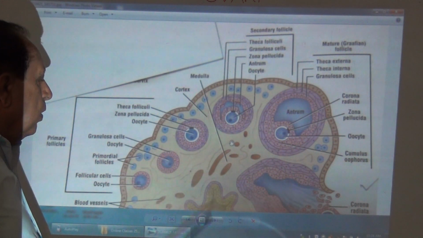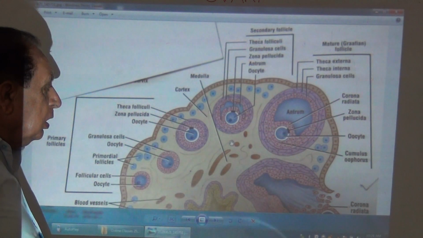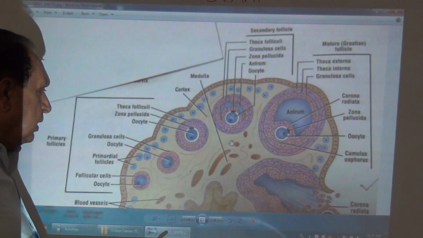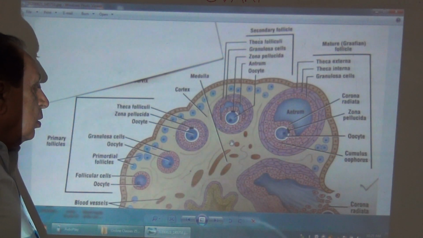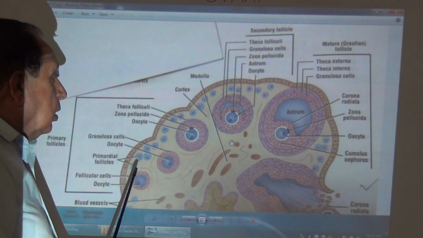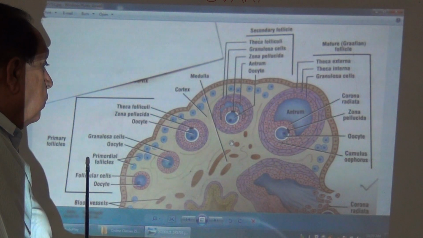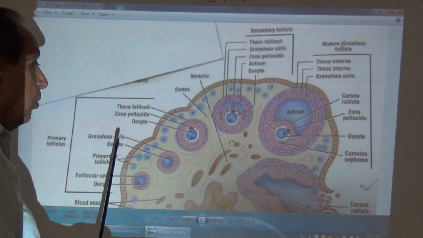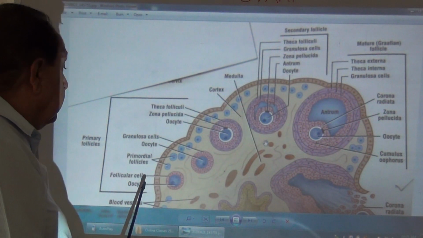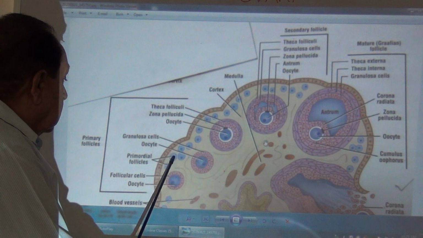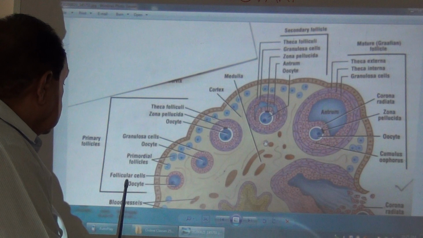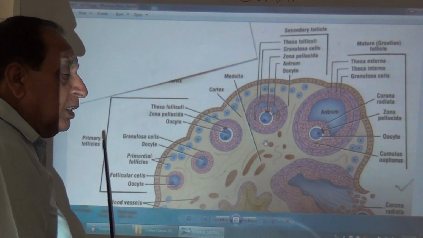Now, about the structure of the growing, developing follicles. In newborns and before puberty, the primordial follicles and the primary follicles are present.